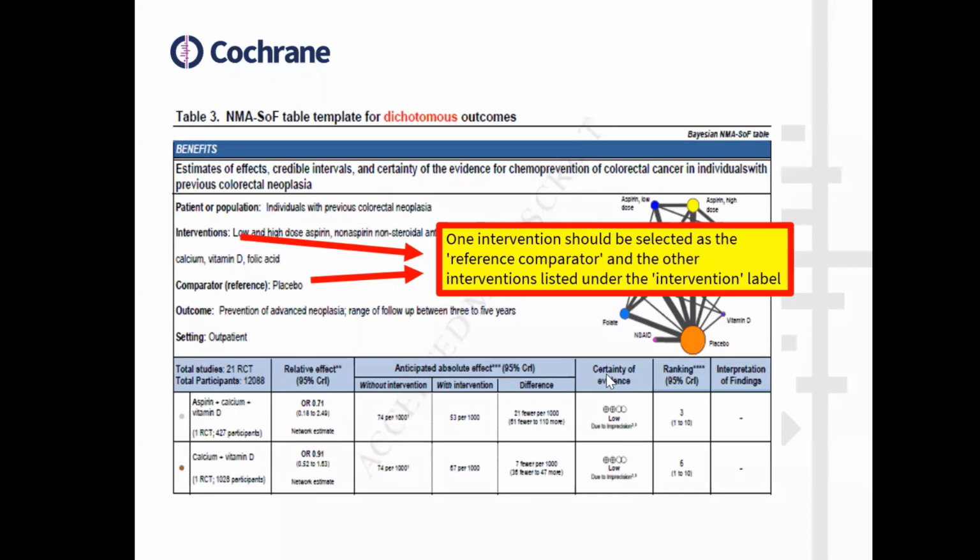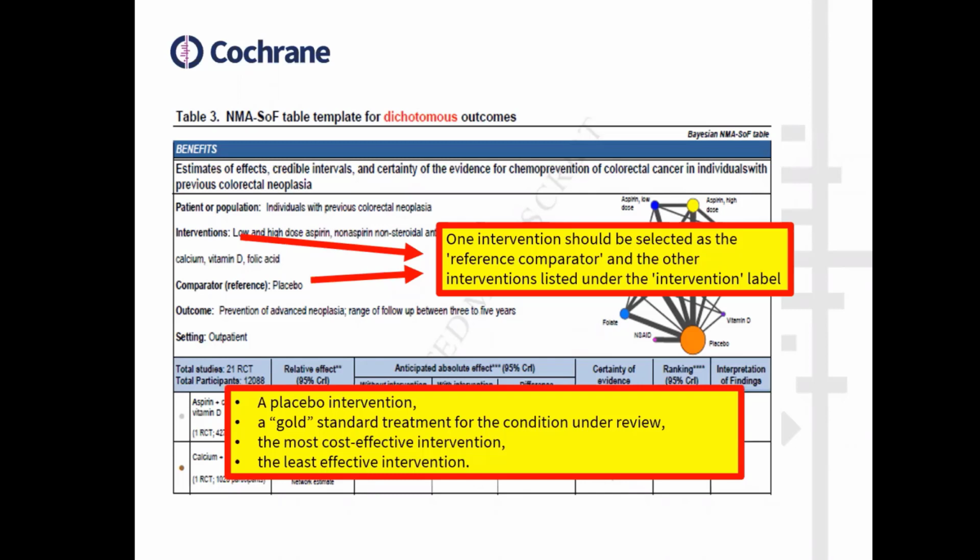Although the Comparing Multiple Interventions Methods group recommend that we don't include ranking in the summary of findings table at the moment, because it can be misleading unless you've considered the question that you're trying to answer. Thinking about the comparator, you might want to have the placebo or a gold standard treatment, or the most cost effective or the least effective intervention.